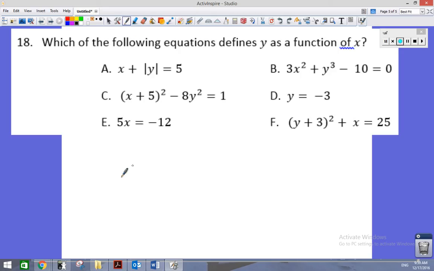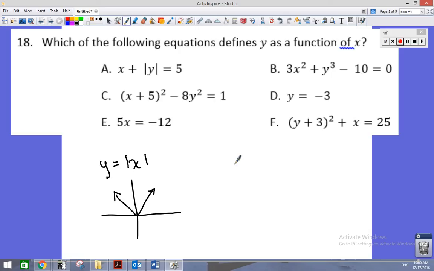The absolute value of x looks like a V that opens upward, and we know that the vertical line test is a nice, efficient way to determine if a graph represents a function.